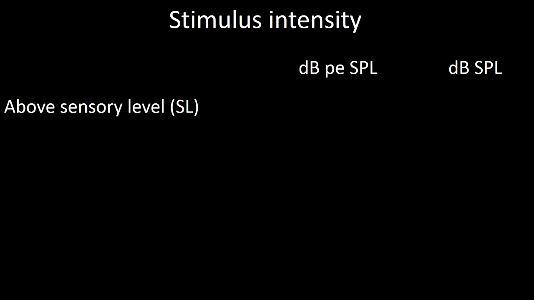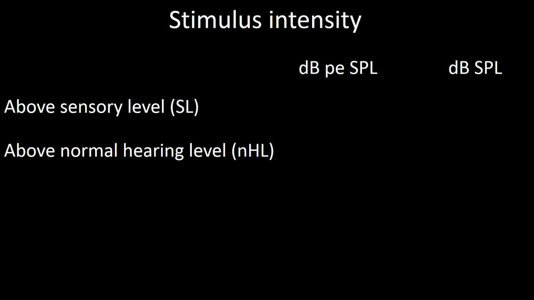Regardless of the unit used, click starting points can be the patient's own hearing, in which case we use the term above sensory level or SL. This method obviously cannot be used for children or uncooperative patients because it depends on their cooperation. Another way of measuring the stimulus is by establishing normals in our own lab and then determining how much more we have to add.